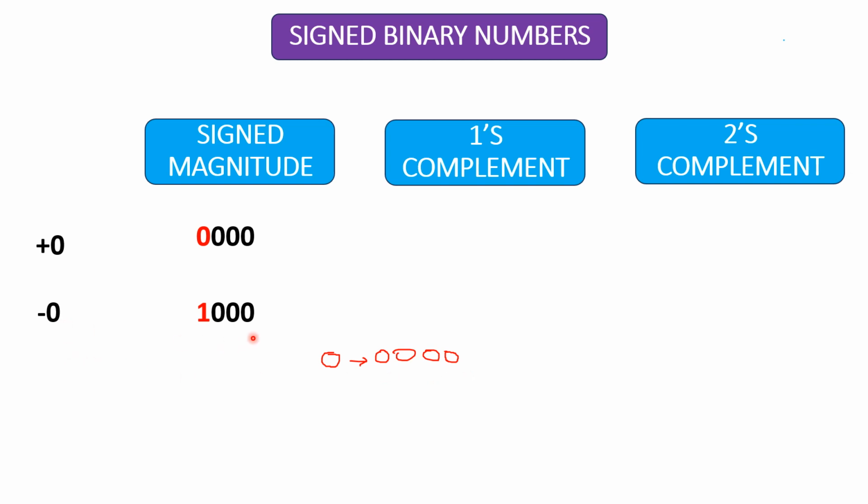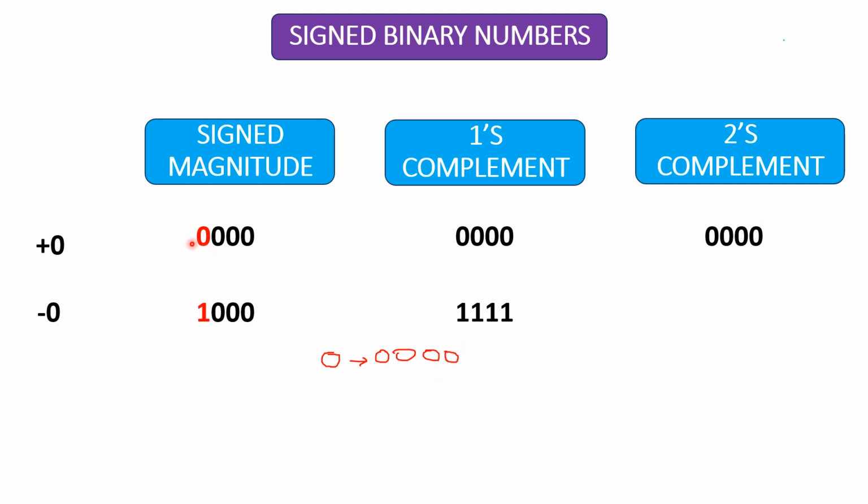Only minus 0 is different. Now plus 0 in 1's complement form is 0, 0, 0, 0. It's also equal to the true binary form. For minus 0 in 1's complement form, we just convert the zeros to ones. And in 2's complement form, 0 is this, and it is equivalent to the true binary form.